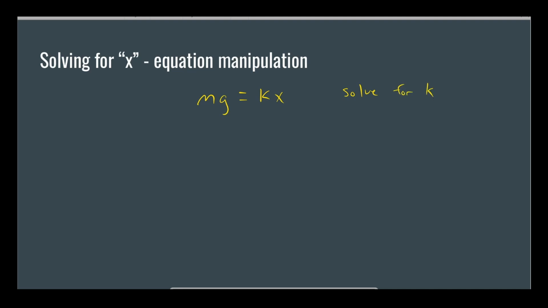Well, in that case, if we're just trying to rearrange this equation so that we get k by itself, then we should just divide both sides by x. And then we just end up with k equals mg over x. Okay. So that's our first example.